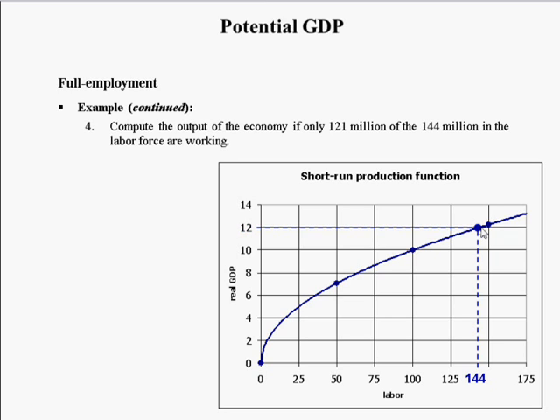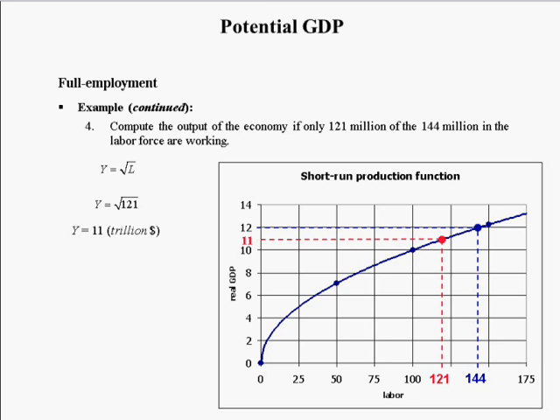Now compute the output of an economy if only 121 million of the 144 million workers in the labor force are working. So we plug in 121 million laborers working 40 hours a week, 50 weeks a year, and GDP is only $11 trillion. So this is the situation we find ourselves in right now.